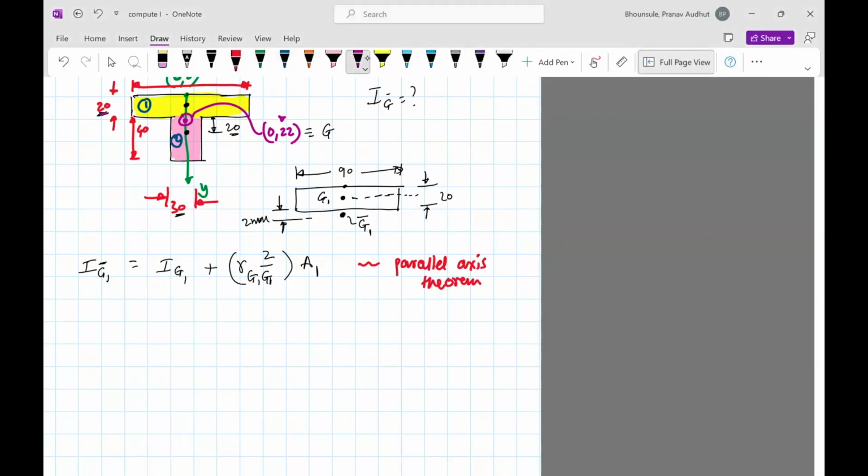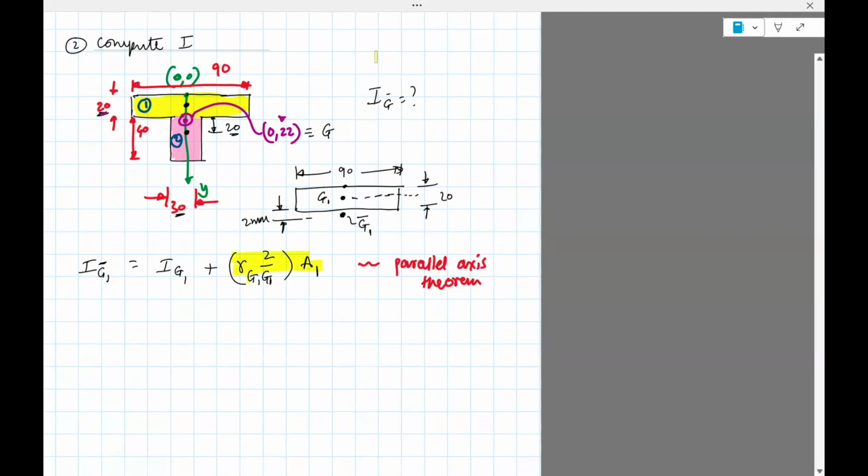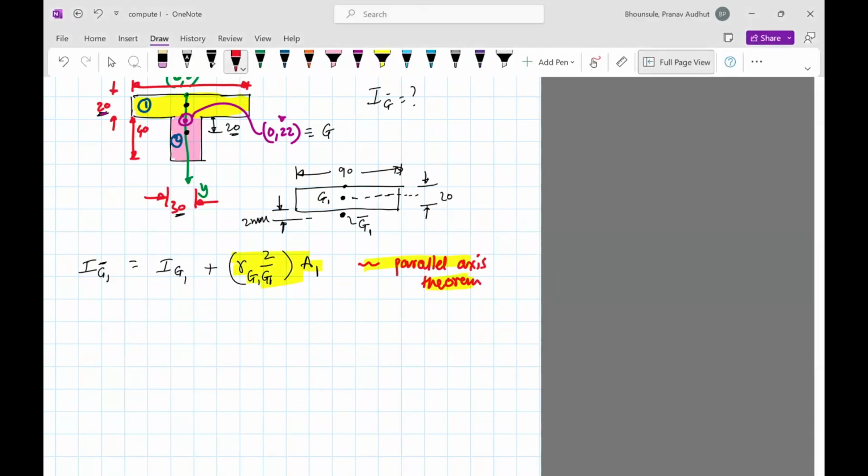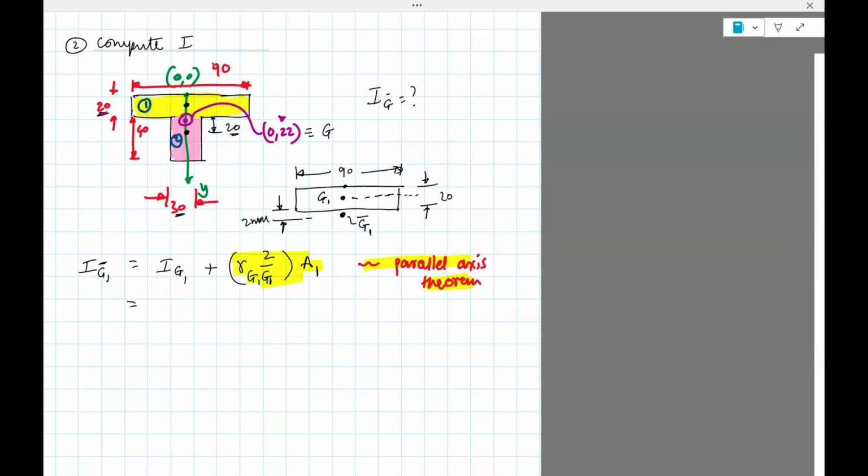This part, just this part is the parallel axis theorem. So IG1 bar is, well, we know the inertia of a rectangular plate. That's in table A18.